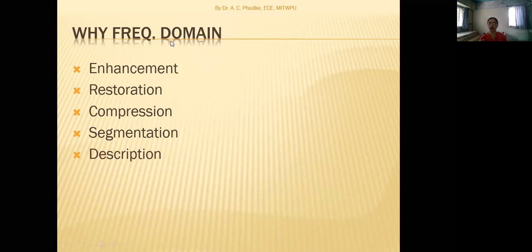Say if we want to highlight simply high frequency contents in an image, then we can transform the image from image space to Fourier domain or frequency domain, and then we can select simply the high frequency band or high frequency coefficients from the transformed image. Okay, and we can attenuate all remaining coefficients. Okay, so sometimes for certain applications this frequency domain works better in order to enhance the image.